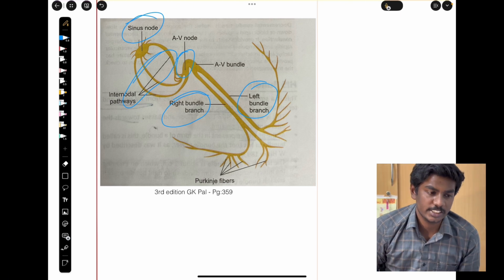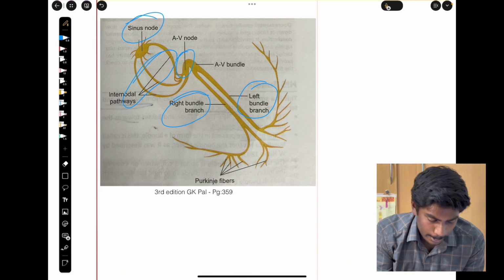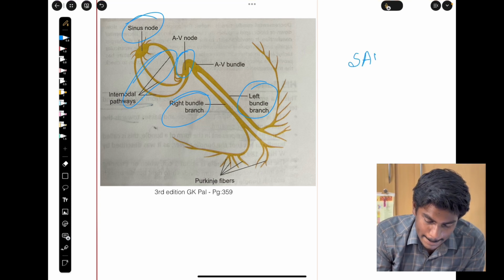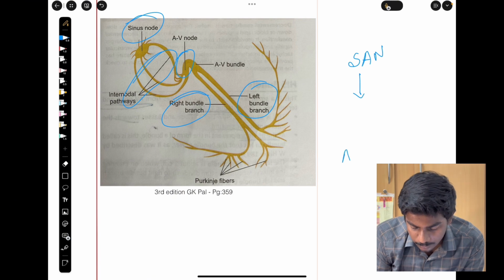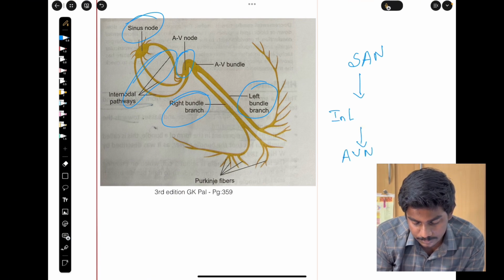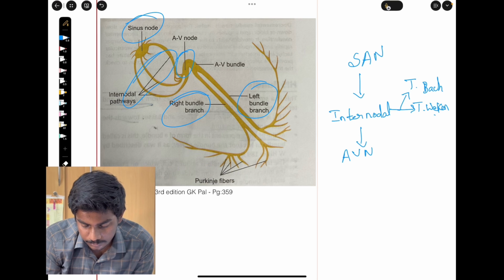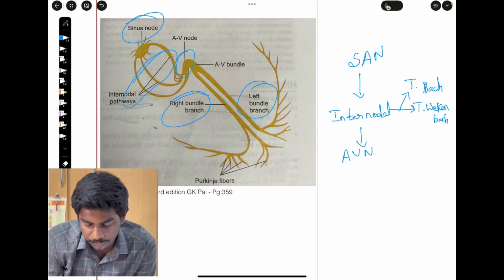So now let's see it in a flow chart. Sinoatrial node. From the sinoatrial node, it reaches the AV node through internodal pathways: tract of Bachmann, tract of Wenckebach, and tract of Thorel.